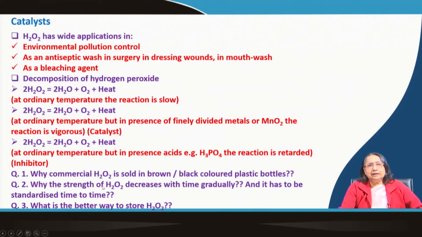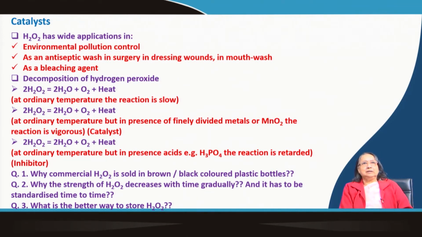And another question is, why does the strength of H2O2 decrease with time gradually, and why does it have to be standardized? If you are using the H2O2 bottle for a long time, say for example 2-3 months, then on day 1 and after 3 months, that is the 90th day, you cannot tell that the H2O2 strength is the same, because continuously it is decomposing.